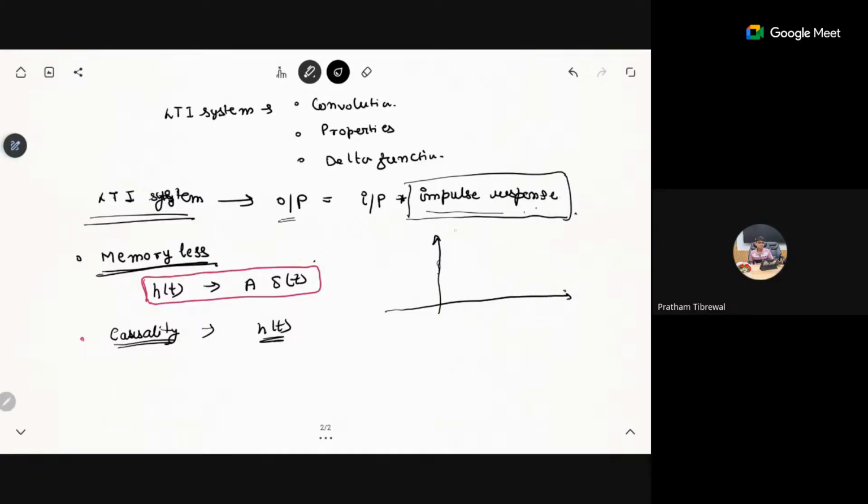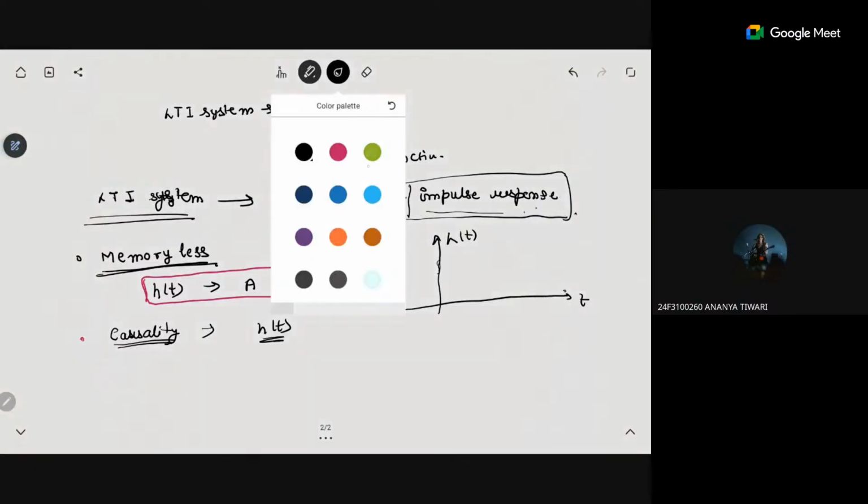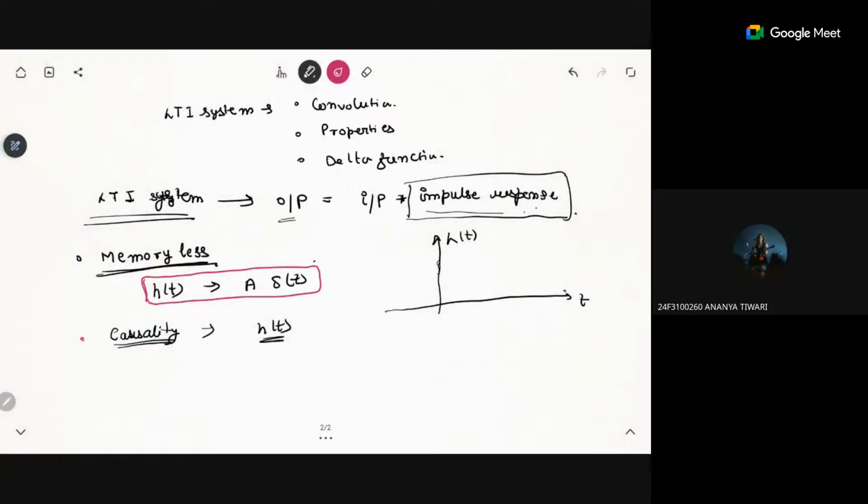How will you plot this h(t) to make it a causal system? It should start from zero to infinity, so that when we provide some input, it does not depend on the future. One example I can give is that u(t), the unit step, is a causal system.